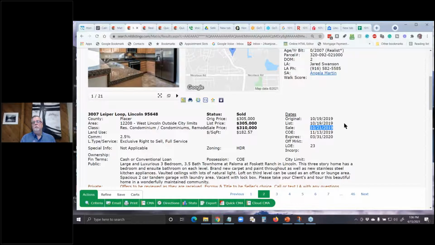Is it possible for us to determine back in October of 2019 what the median and average price for a condominium townhouse was? This has got it listed as a condominium. Townhouse, I would throw them both in. Is it possible for us to determine what the median and average price was back in October 2019? And the answer is yes.